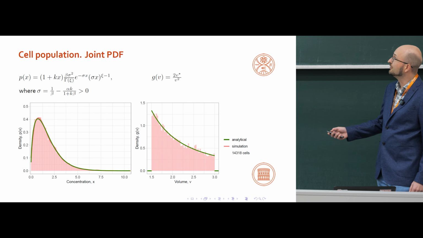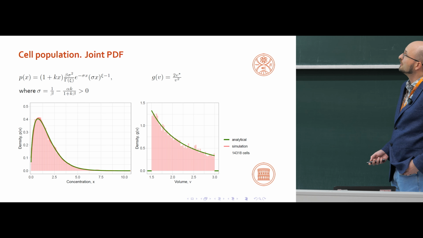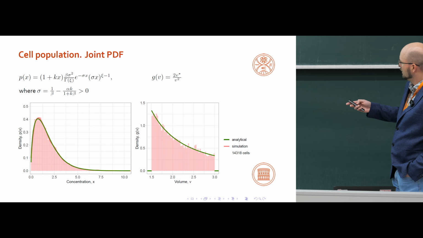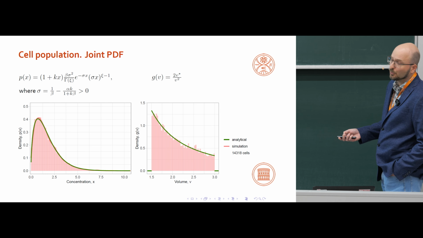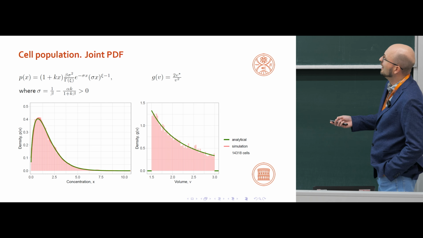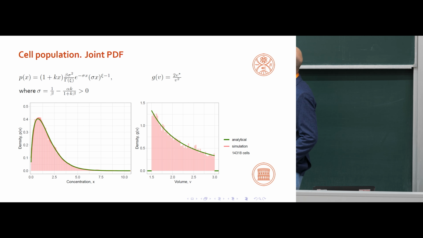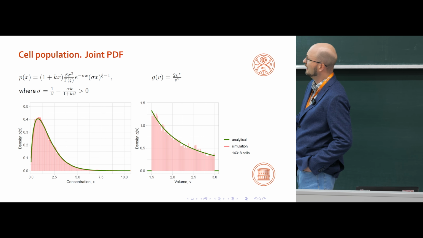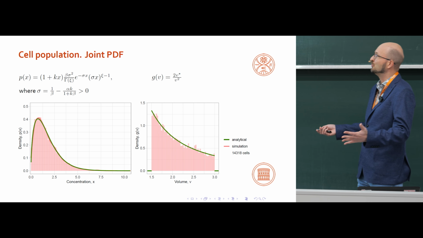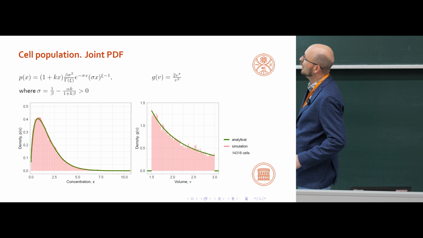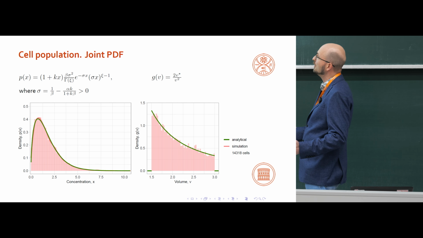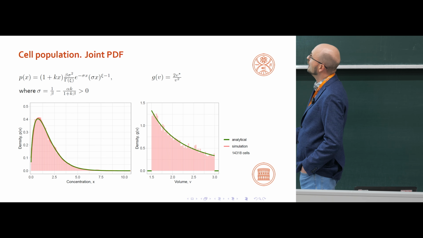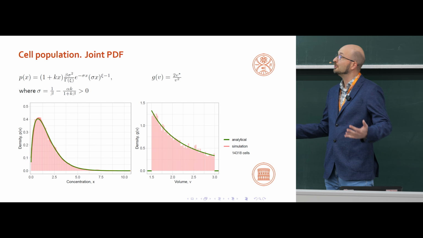And yeah, this is the exact distribution, and here is a comparison against stochastic simulations. These are histograms: how many cells we have with what kind of concentration, how many cells we have with what kind of volume, and we counted it using simulations, right?